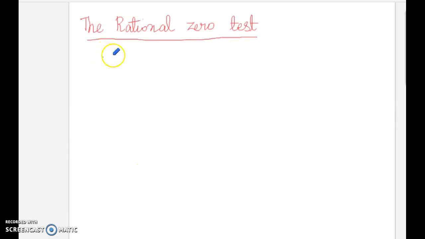So before we can talk about the rational zero test, I want to show you how to write the general form of a polynomial. A general polynomial can be written as f of x is equal to a_n x to the nth power plus a_(n-1) x to the n minus first power plus a_(n-2) x to the n minus second power, and so on and so forth.